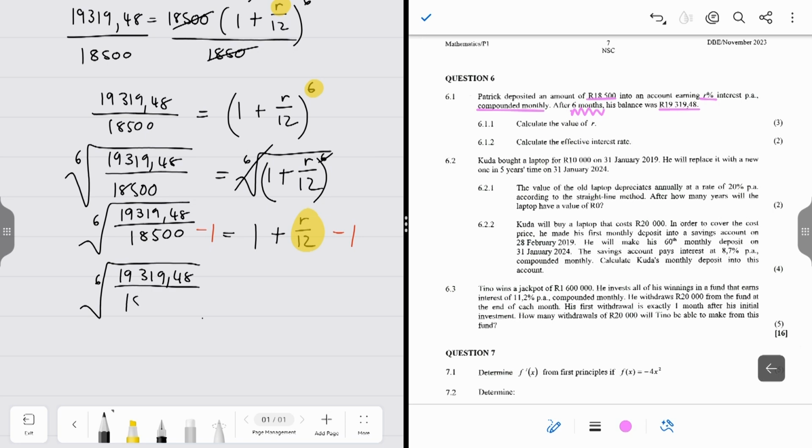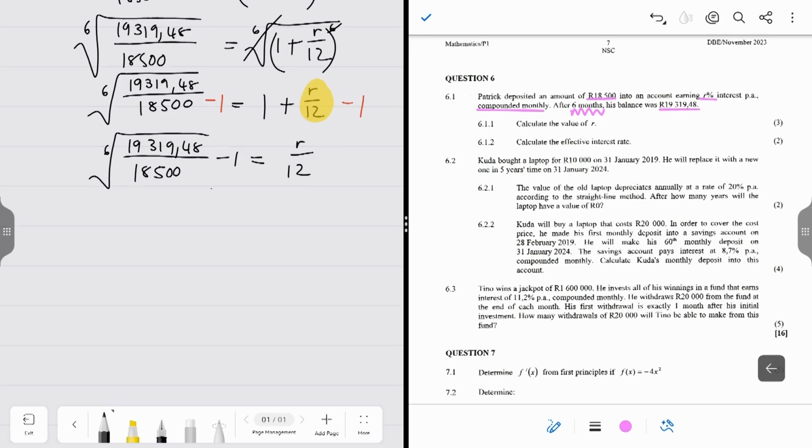And at this moment, I still have not put anything into the calculator because I want to avoid rounding off too soon. Very important not to round off too soon. So at this moment, I can now put this all into the calculator. Let's do it together.